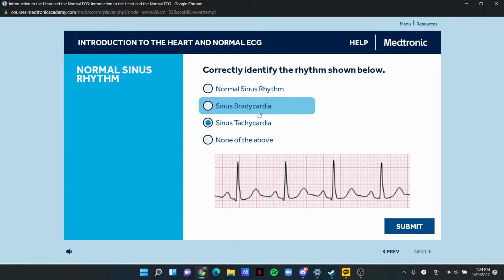It can't be normal. To be exact, though, it could be 200, 400, 100, 520. So 60,000 divided by 520 is 120 or 115. So it's definitely tachycardic.